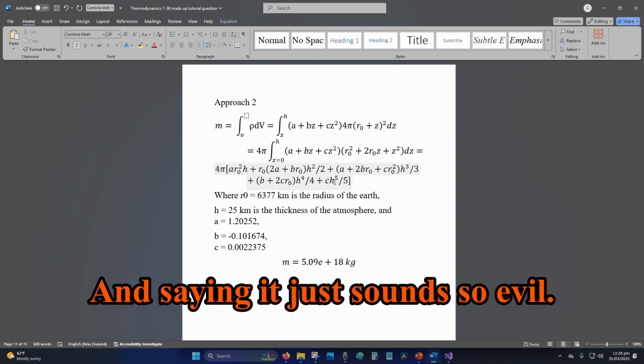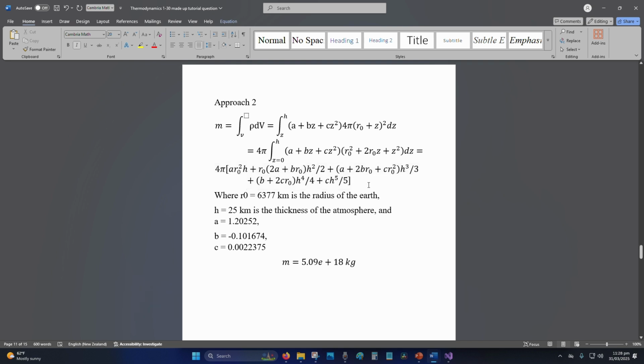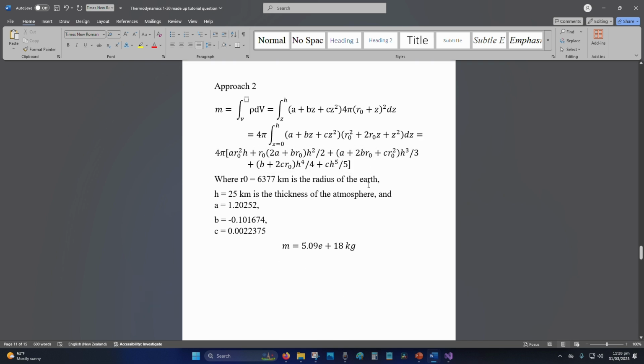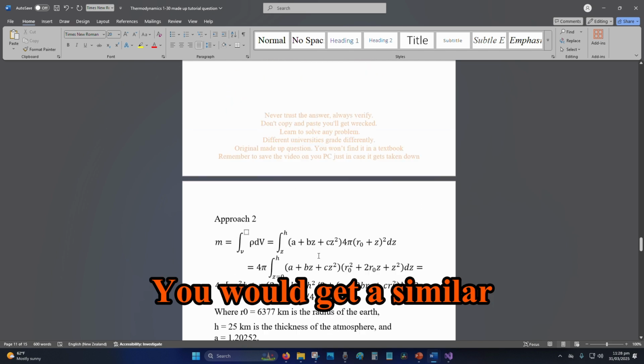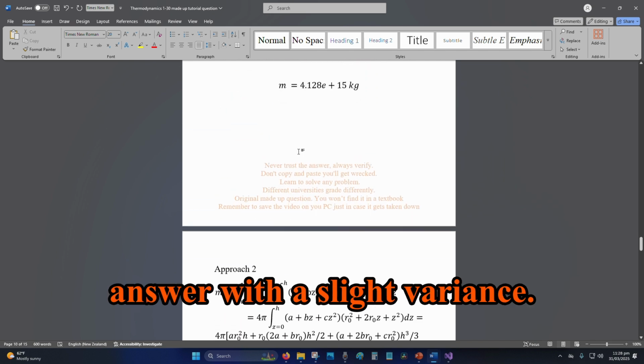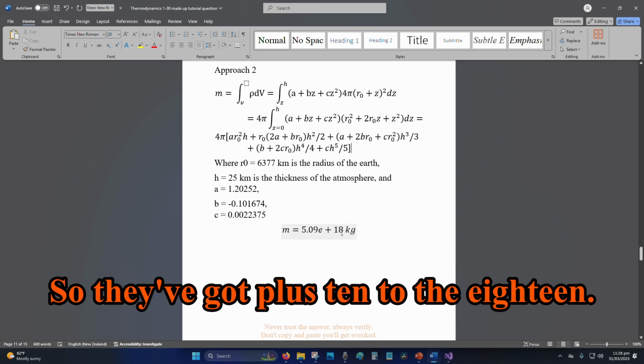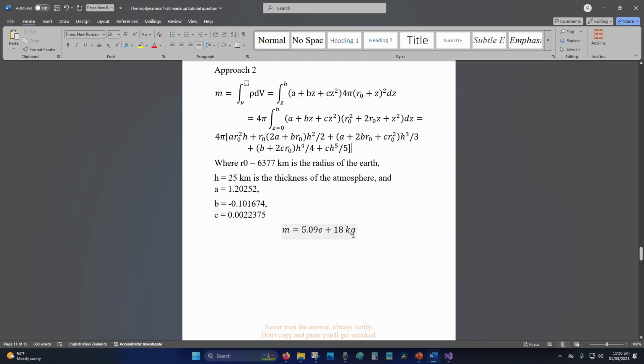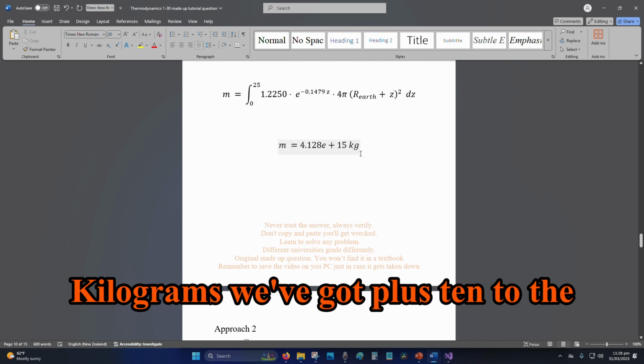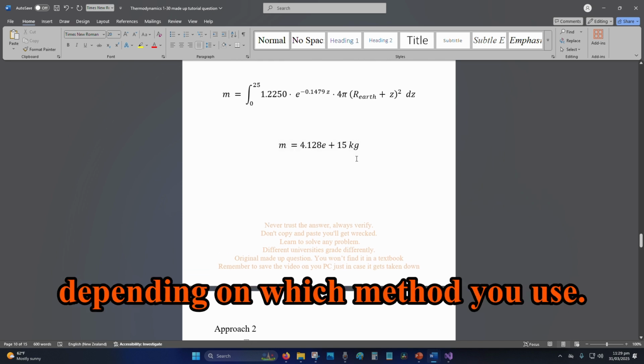And saying it just sounds so evil. Alright. You would get a similar answer with a slight variance. So they've got plus 10 to the 18 kilograms. We've got plus 10 to the 15. So there is some discrepancy depending on which method you use.